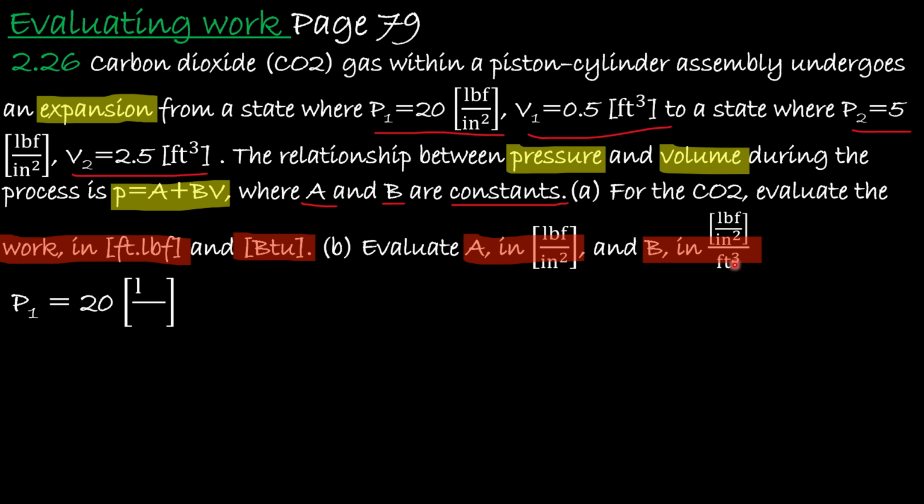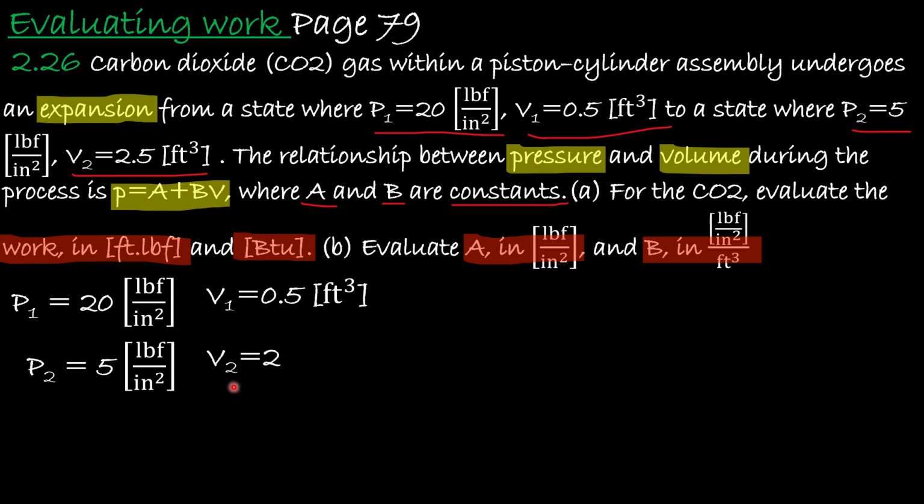So let's write down what is given. So pressure 1 is 20 pound force per inch squared. Pressure 2 is 5 pound force per inch squared. So this is expansion. And volume 1 is 0.5 feet cube. And volume 2 is 2.5 feet cube. So volume increase.